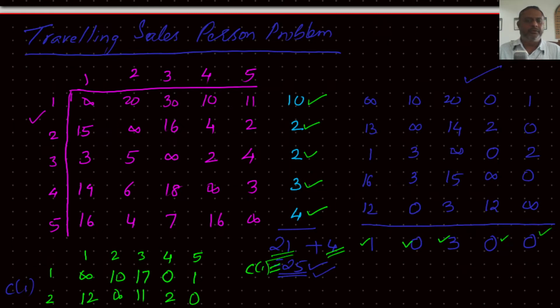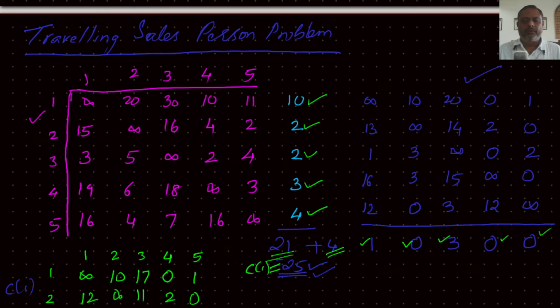C of 1 to 5 from this matrix, 1 to 5 is, no sorry, this is 5, plus 25 plus 2, and that makes a total of 31. So for 1 to 5, the cost is 31.